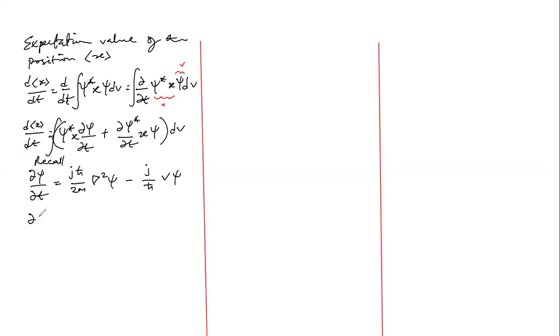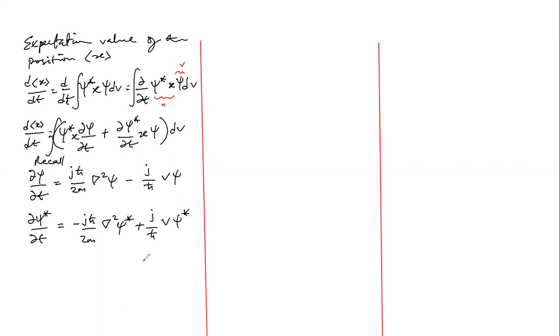And the first time derivative of the conjugate of the state function is also the same as negative, because now the sign changes, negative j h cross over 2m nabla squared psi conjugate. Since this is the conjugate, we take the conjugate of this, so the sign changes here: plus j over h cross V psi conjugate.